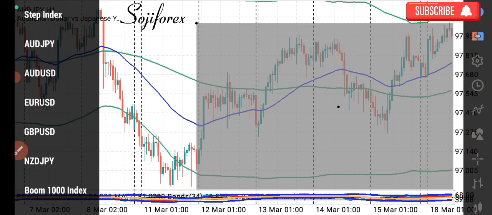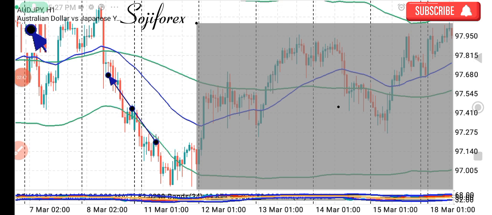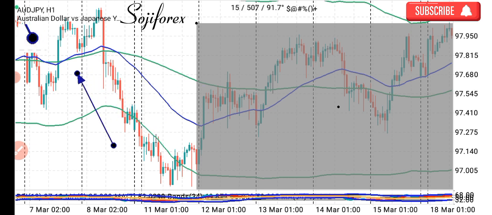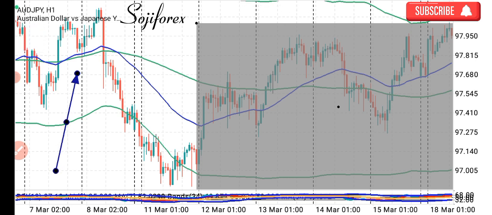So what we have on the chart is all this movement from our left side. To establish the direction of the market, we'll be using our Bollinger Band combined with the moving average 50.